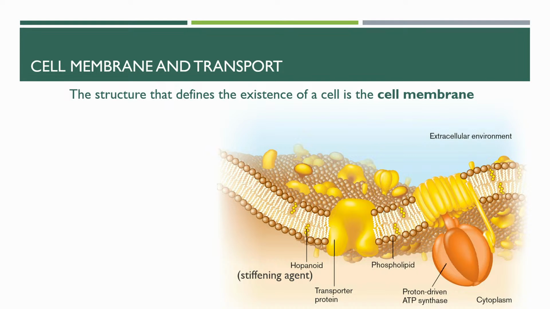The hopanoids help to stiffen the membrane and maintain its stability. When things like hot temperatures would destabilize that environment, the hopanoids are kind of that backup to help keep the membrane stiff.